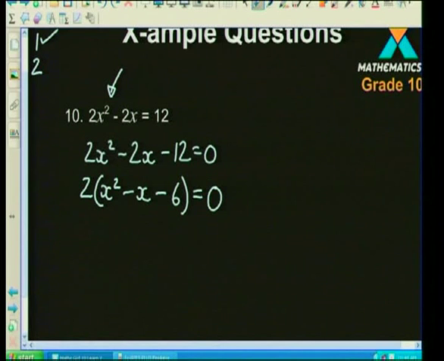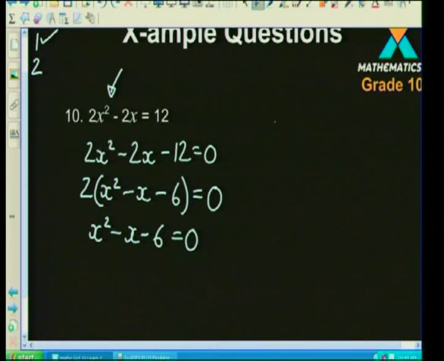Have we finished factorizing? No, we've still got an x squared, but what we have done is made it easier to deal with all of our variables. There's something quite sneaky you can do right now, and that is you can get rid of the 2 by dividing both sides of the equation by 2. And that means that you are left with x squared minus x minus 6 equals 0.